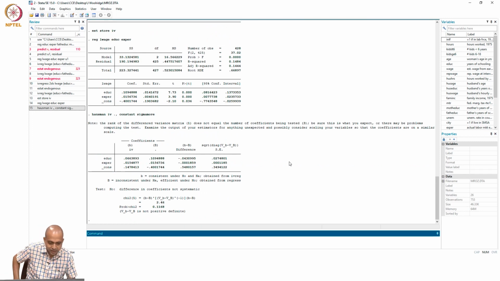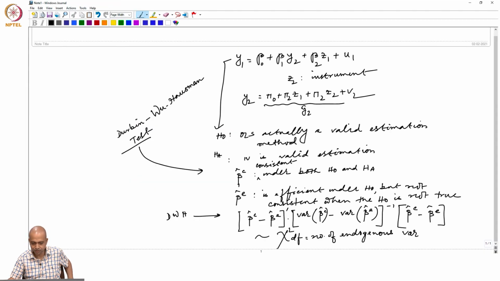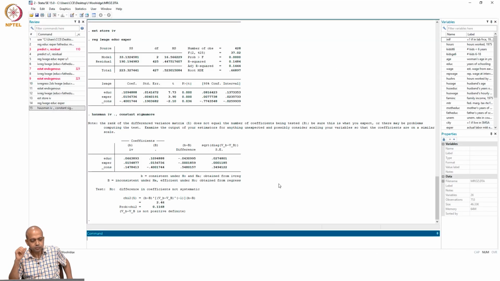So, this particular test is based on the Durbin-Wu-Hausman test. This is the stata command, and the test statistic once again is beta hat C minus beta hat E, variance of this, right. Okay.